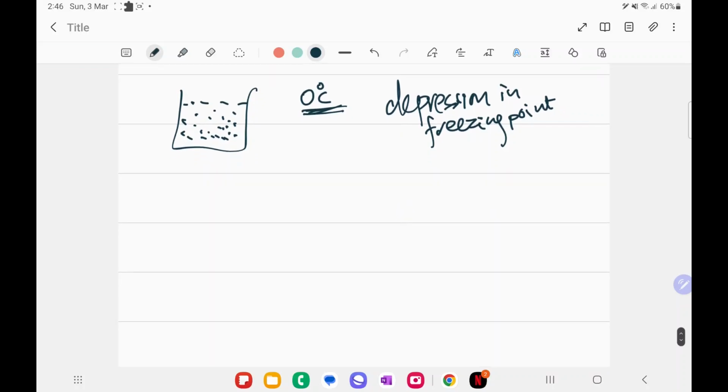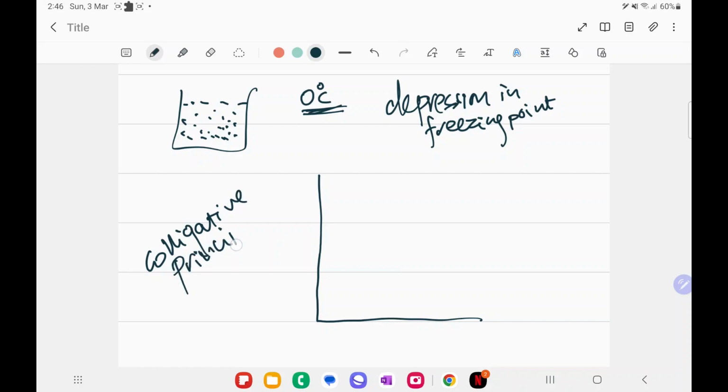Another last topic which you should know about osmolality is, I told you that osmotic pressure is a colligative principle, meaning to say, if you add more molecules, the pressure rises. This is the osmotic pressure, and this is the number of moles of the molecule in the solution.